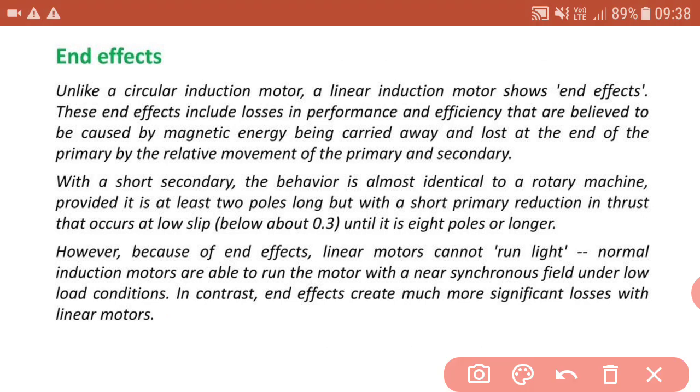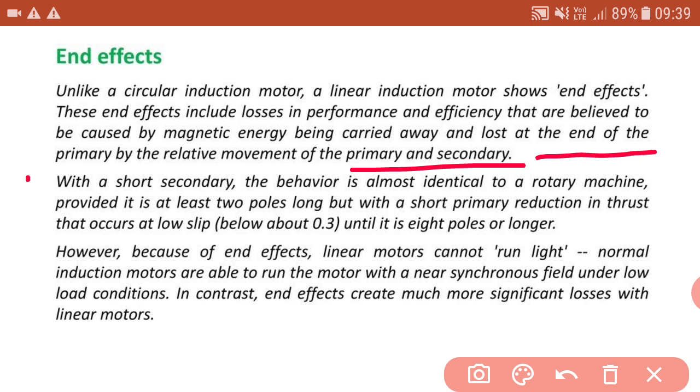End effects. What are the end effects? Unlike a circular induction motor, a linear induction motor shows end effects. These end effects include loss in performance and efficiency that are believed to be caused by magnetic energy being carried away and lost at the end of the primary by the relative movement of the primary and secondary.